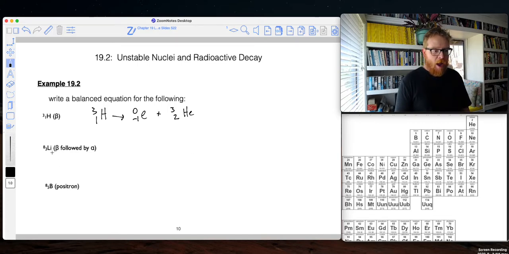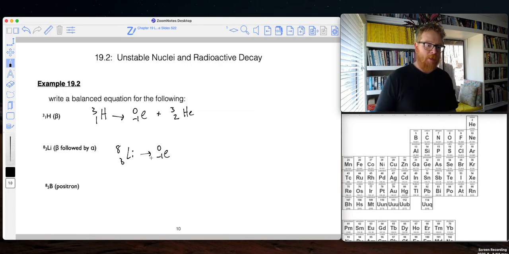So now our next example here, we've got lithium 8, and this is a beta followed by alpha. So we'll start by writing our lithium nucleus. And first it's a beta, so we'll write down that symbol for beta decay, 0, -1 e. And now our resulting nucleus, right, has to add up.